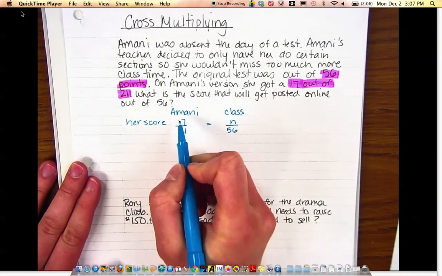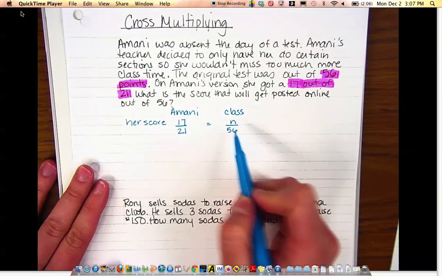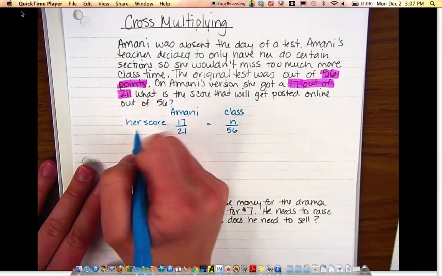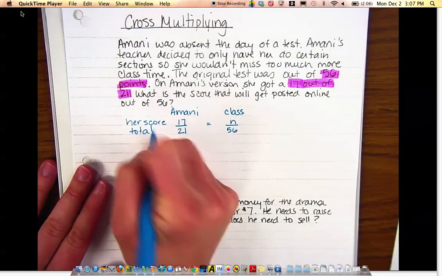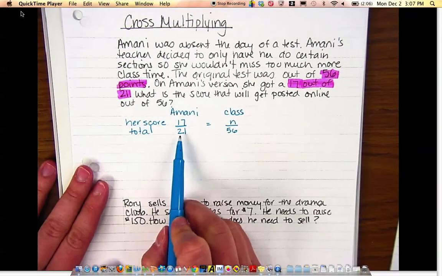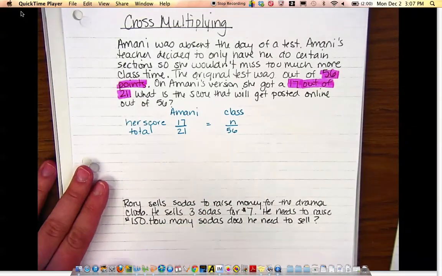We know her score on her version was 17 points, but we don't know how many points that's going to translate to on the class version. And it's over top of the total points. It is not clearly obvious what I can multiply 21 by to get to 56. So I can use cross multiplying.